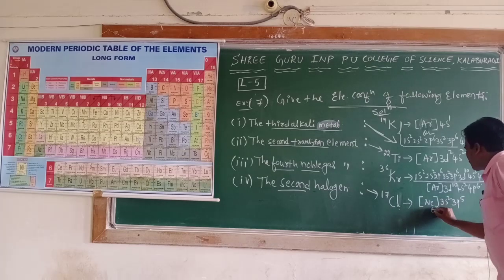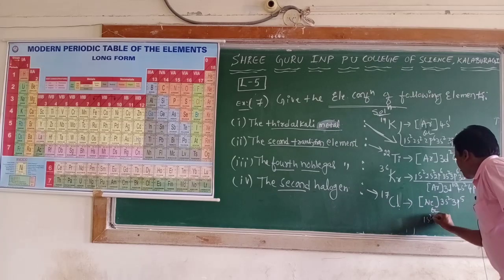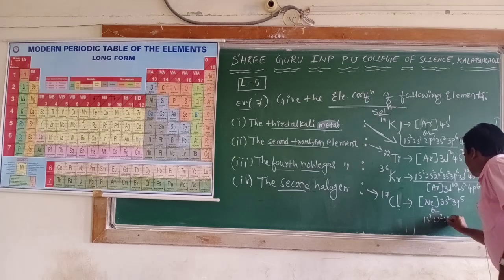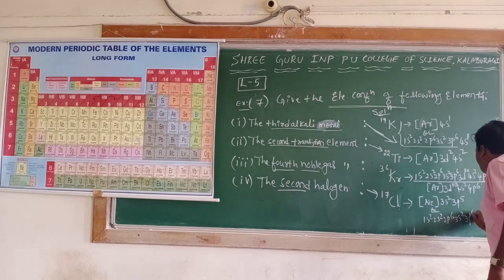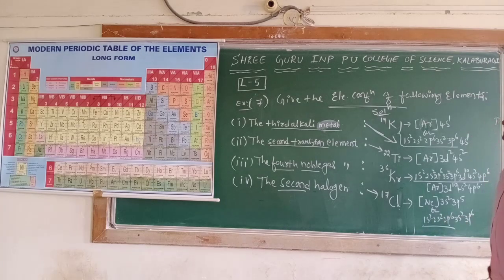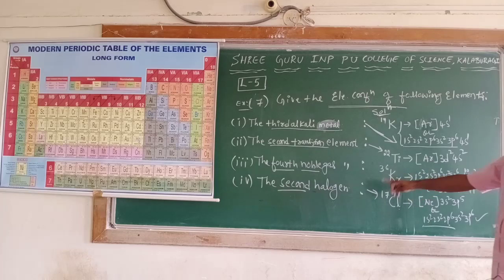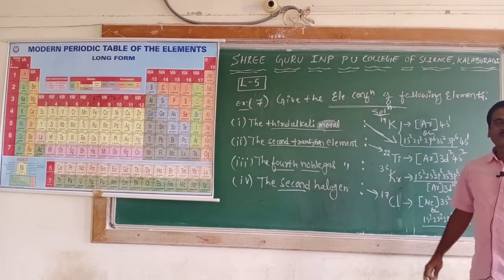Or 1s2, 2s2, 2p6, 3s2, 3p5, which is the electronic configuration of the second halogen atom.